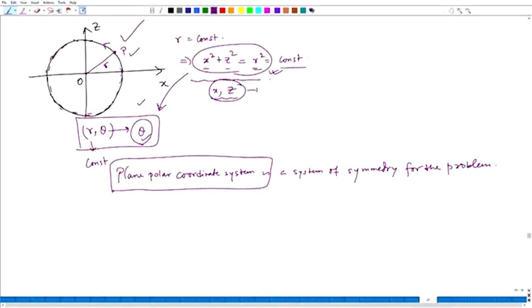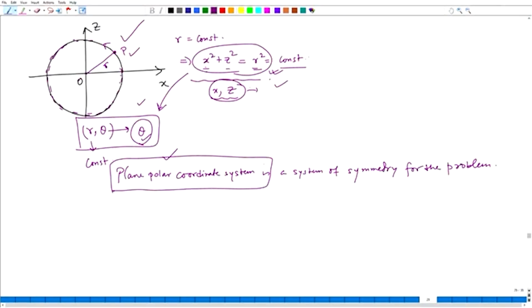So, for example, for this problem, Cartesian coordinate system is not a generalized coordinate system. However, the plane polar coordinate system is a system with generalized coordinates. And what is the corresponding generalized coordinate? Neither x nor y, it is the theta.